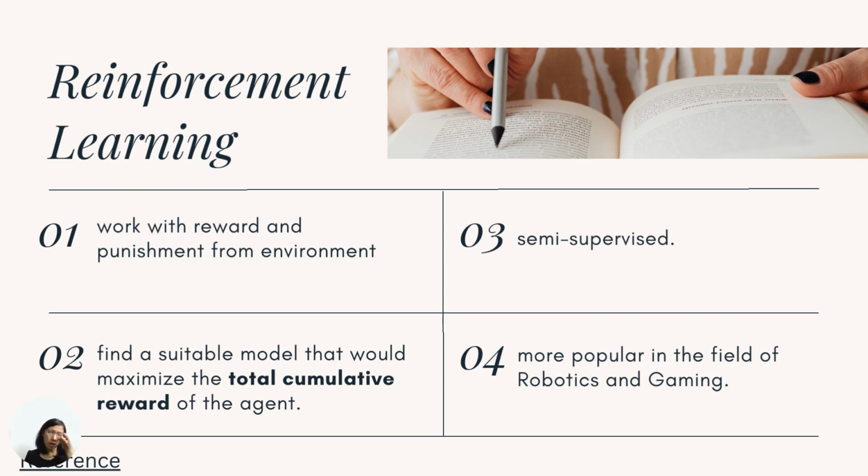So the reinforcement learning method finds a model that can maximize the total cumulative reward for the agents. Reinforcement learning is much more popular in the field of robotics and gaming. We will not be covering more on reinforcement learning, but in this course, we will cover mainly the supervised and unsupervised learning methods. All right.